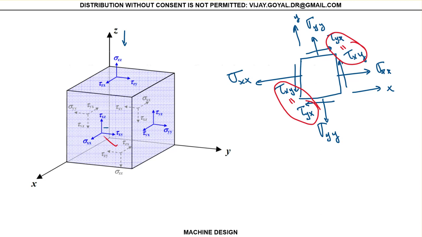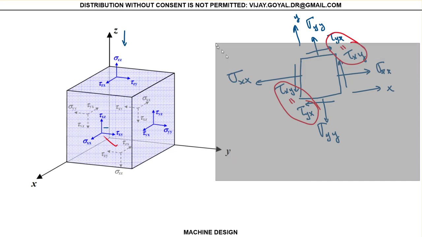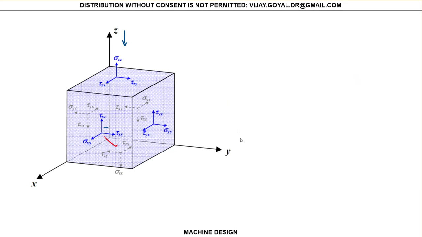To better understand how this works, let's do a simple example. Let's do a simple understanding of how this really works. Suppose I have a state of stress that actually looks something like this: 10, minus 10, 0; minus 10, 0, 0; 5, 0, 0.